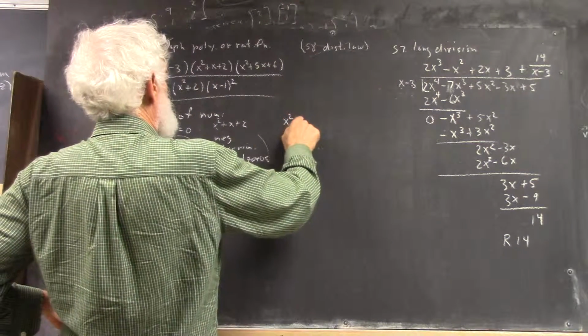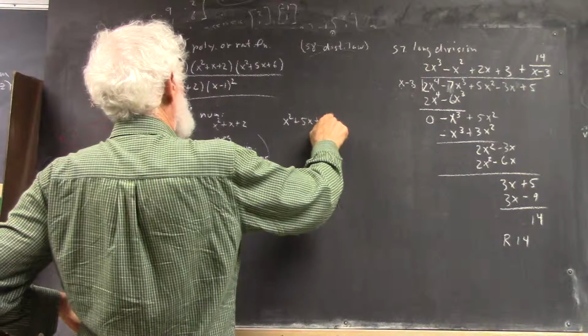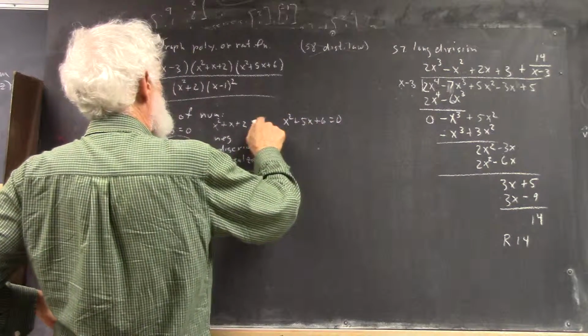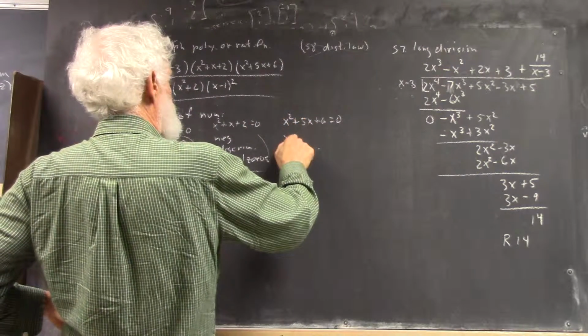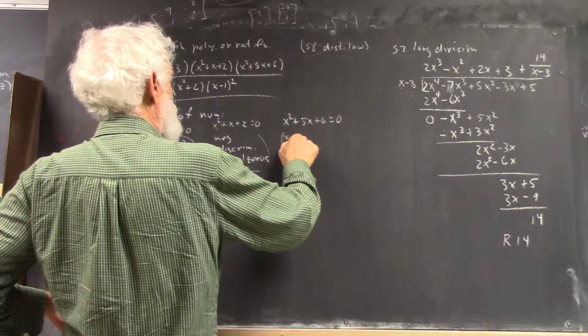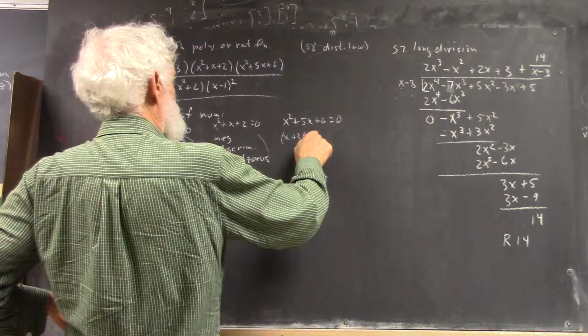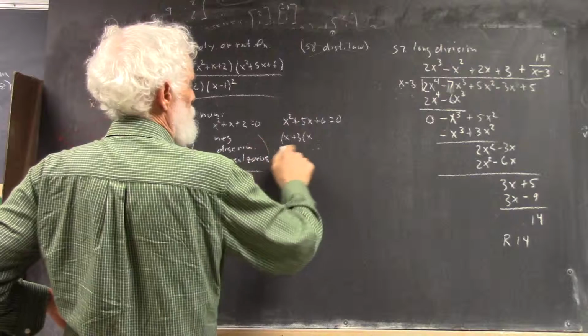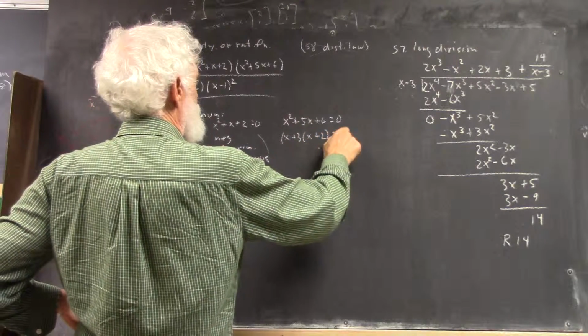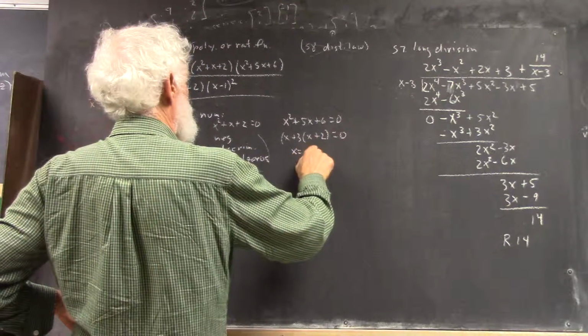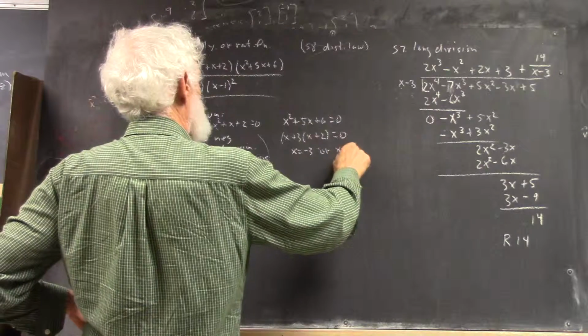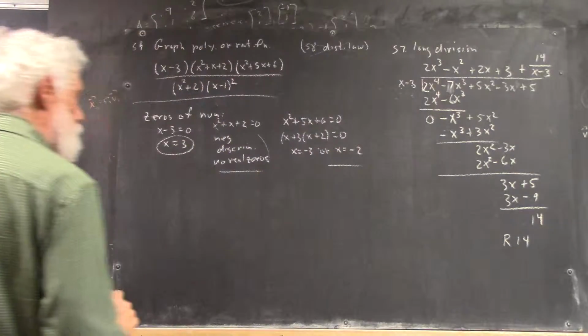And x squared plus 5x plus 6 equals 0. You could use a quadratic formula, but it's just x plus 3 times x plus 2 equals 0. X equals negative 3, or x equals negative 2. Very straightforward.